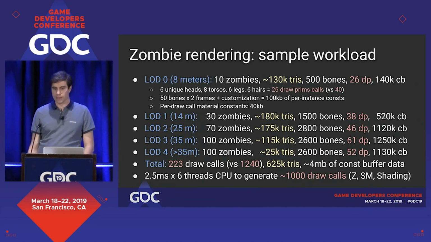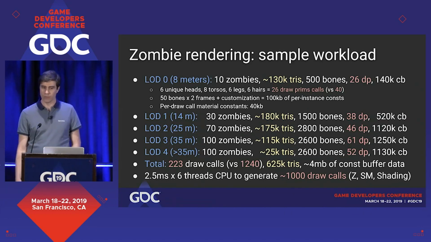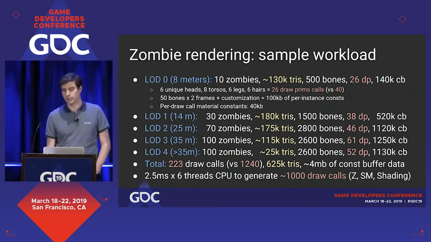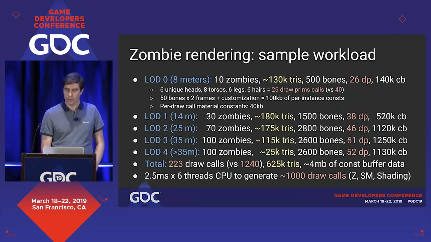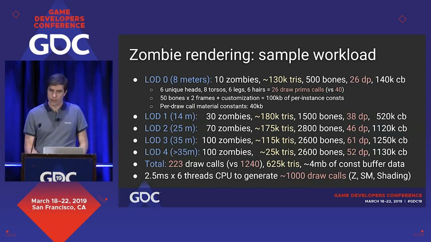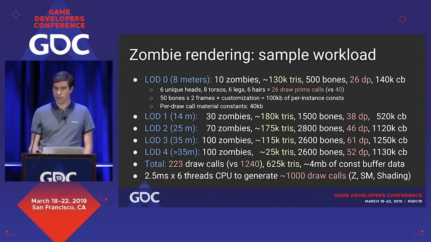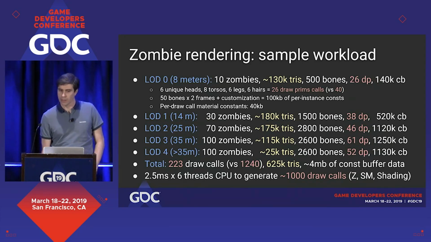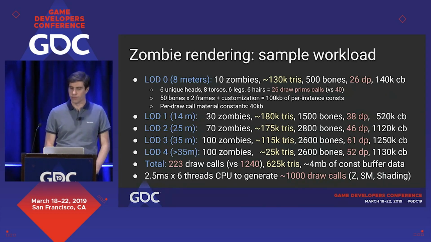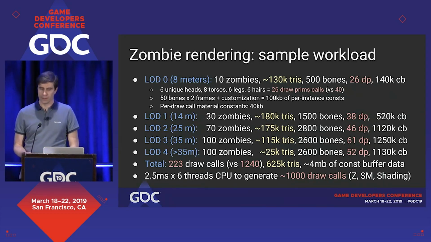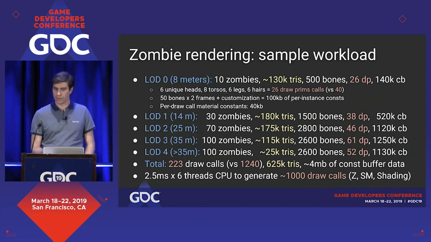This slide shows a sample workload to render 300 zombies. For example, zombies that are in LOD 0 are rendered into 26 batches, and for example, 100 zombies that are in LOD 4 are stored into 52 batches.